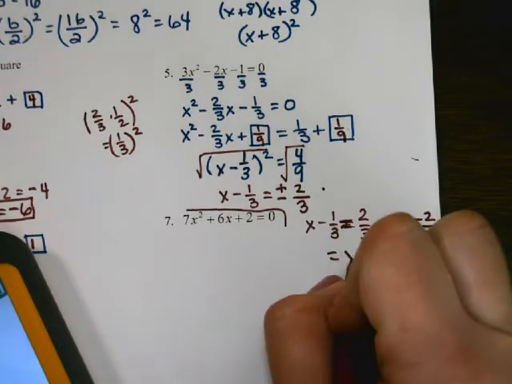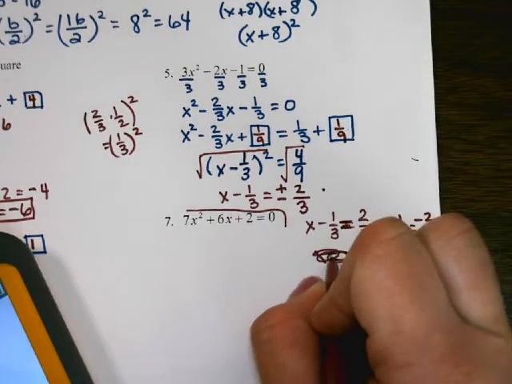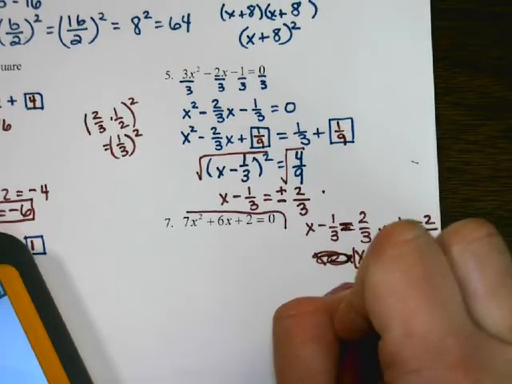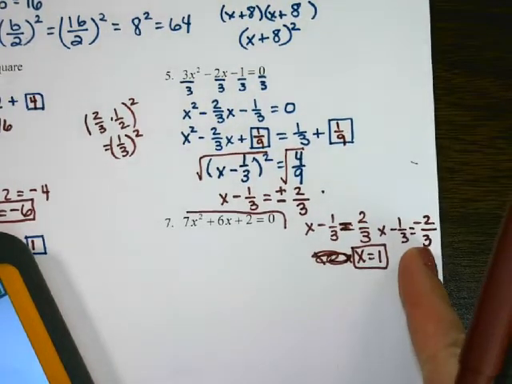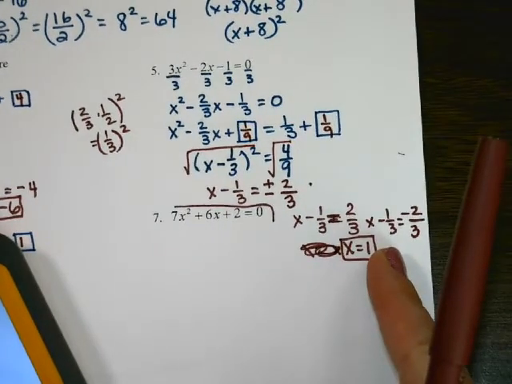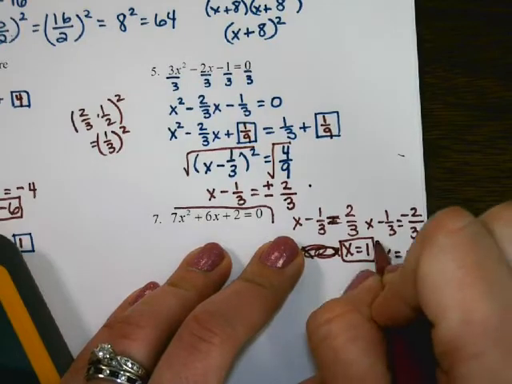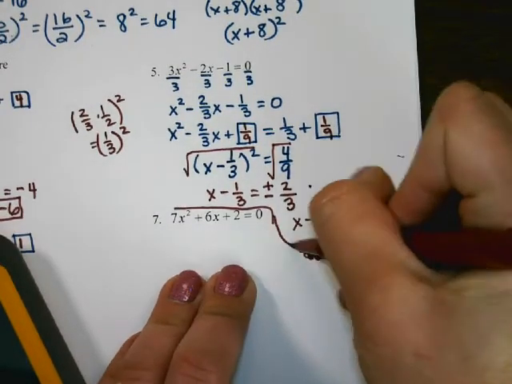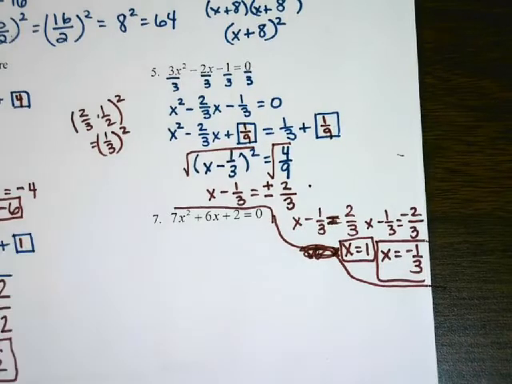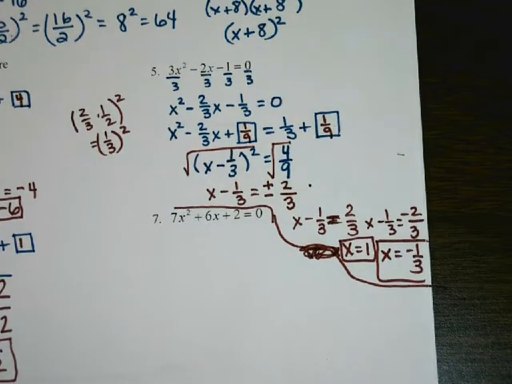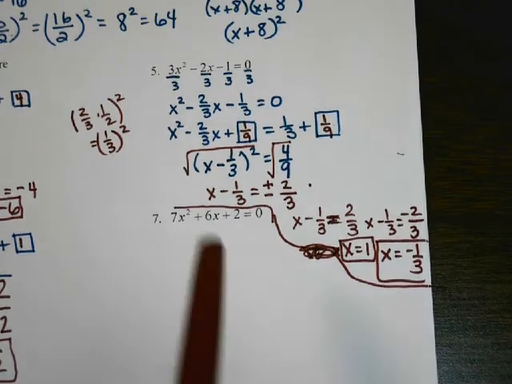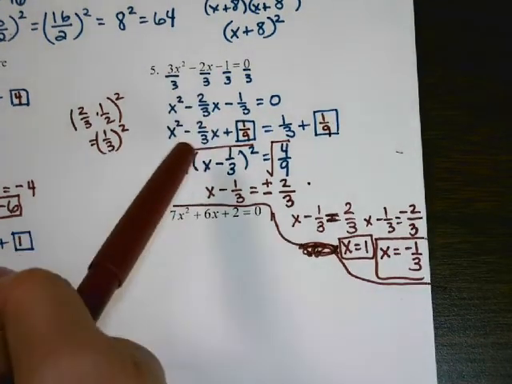Perfect. Negative 2/3 plus 1/3, negative 1/3. So the trick is to leave it as fractions. Don't go to decimals, because if we would have had 0.67 there, it would have gotten a little nasty.